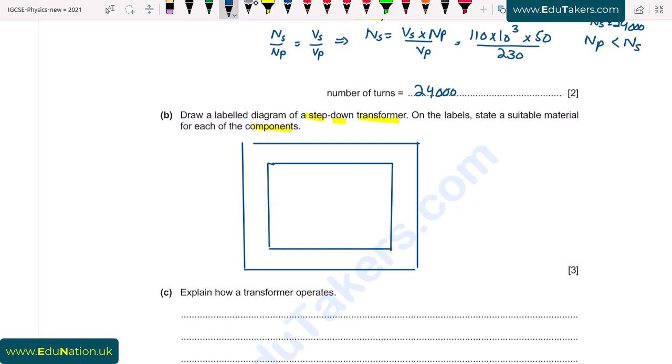So this is the soft iron core and there are two coils in a transformer, that is primary and secondary coil. Here we have to make the step-down transformer. It means that the number of turns of primary must be greater than the number of turns of secondary. So when I draw the primary coil, this is the primary coil, while the secondary coil has fewer turns, so it will be just like this.